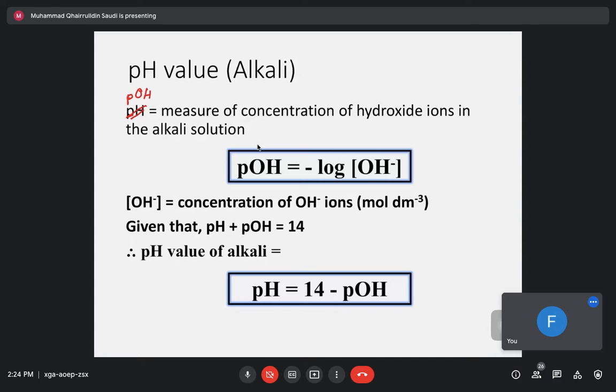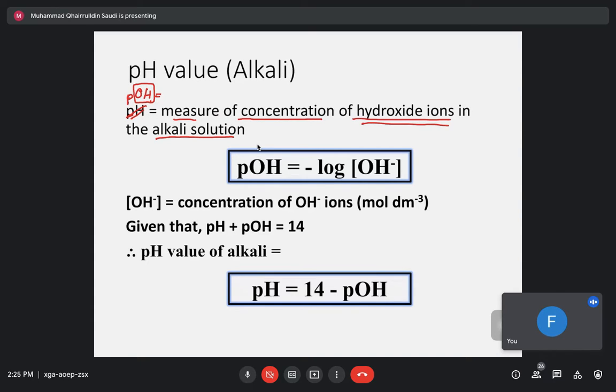pOH sebenarnya adalah measure of concentration juga of hydroxide ions. Sebab tu, yang capital letter dia dekat sini adalah OH. Sebab dia adalah measure of concentration of hydroxide ion in alkali solution ataupun in aqueous solution.